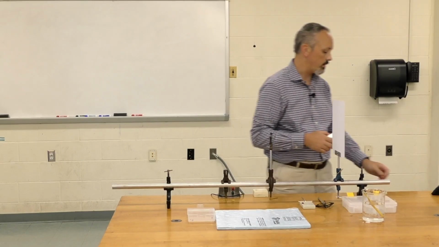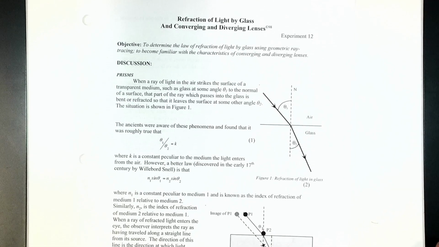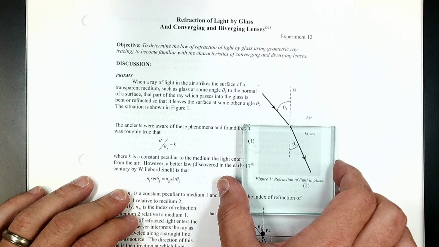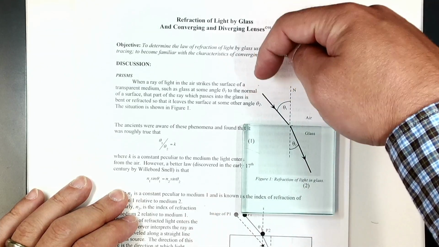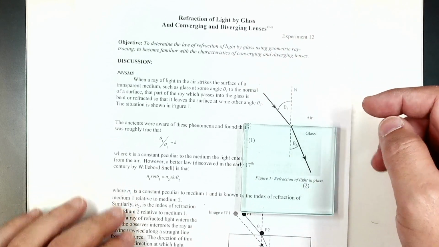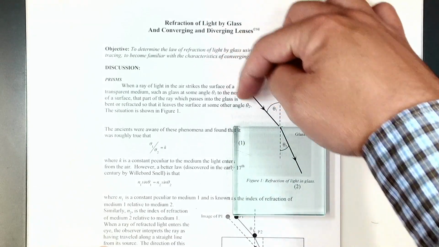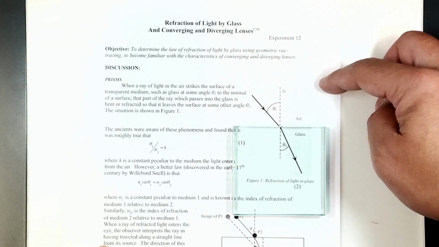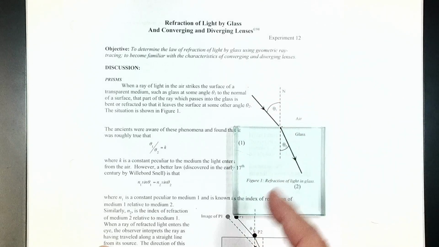So let's go take a look at the notes over here from the lab manual. If I place this glass here, then we could represent light as a ray, a beam of light, which is an easy way to think about it to begin with. It comes in and interacts with the change in the surface from air out here to glass in here, and the light will bend.